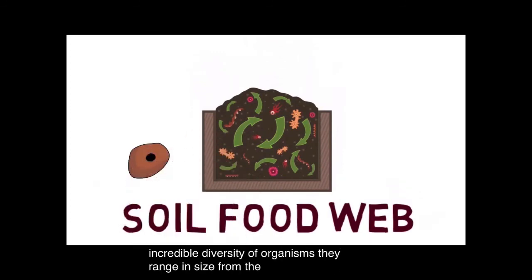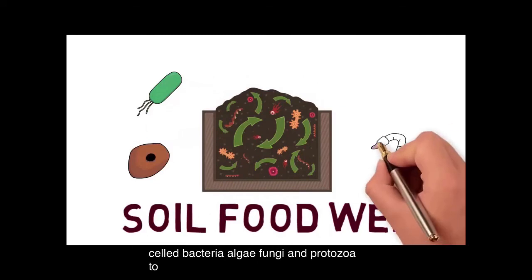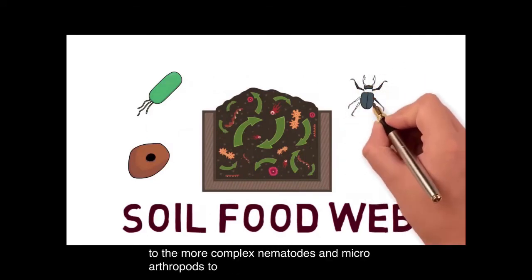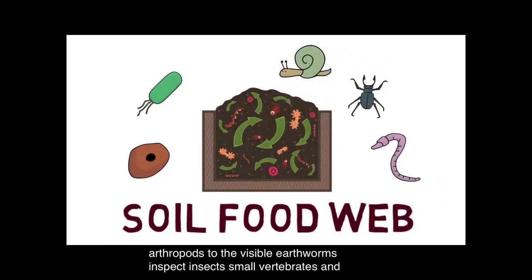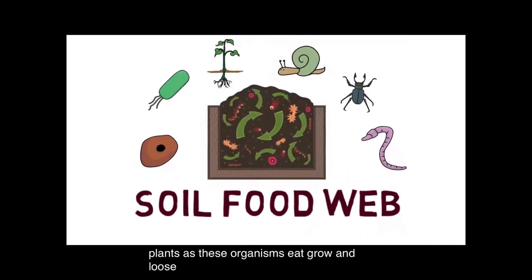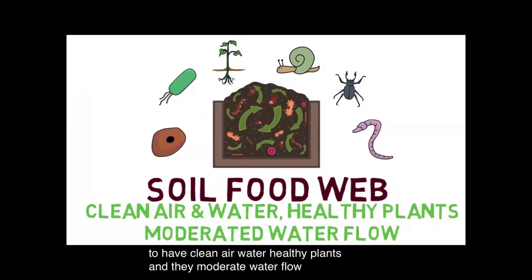They range in size from the tiniest one-celled bacteria, algae, fungi, and protozoa to the more complex nematodes and microarthropods, to the visible earthworms, insects, small vertebrates, and plants. As these organisms eat, grow, and move through the soil, they make it possible to have clean air, water, healthy plants, and they moderate water flow.